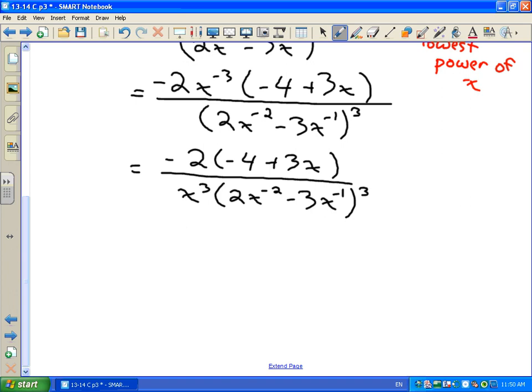Brody: When I factored out the top, I factored out negative x to the power negative 3, because I didn't want the negative coefficient to change anything. No, you could do that as well.